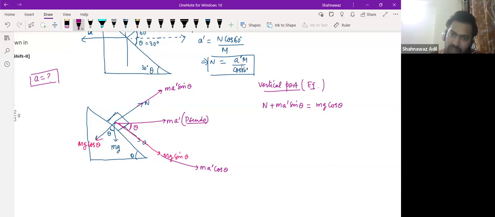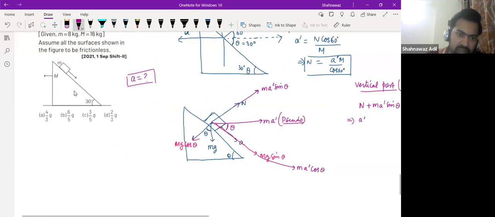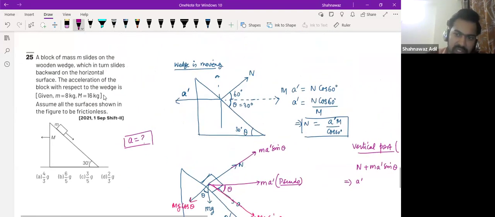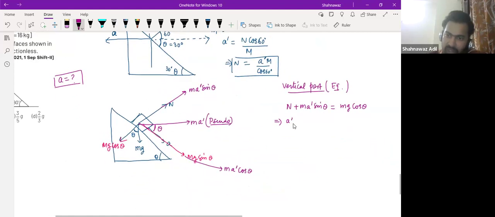So this is A prime. What was the mass of the wedge? So mass of the wedge is 16 kg. So this is 16 divided by cos 60, which is half. And this is sine of 30.